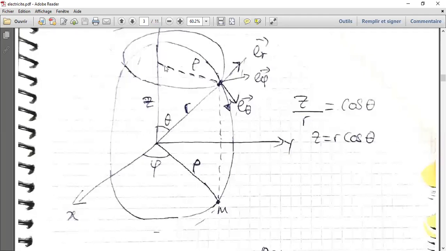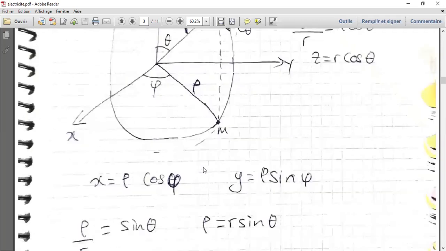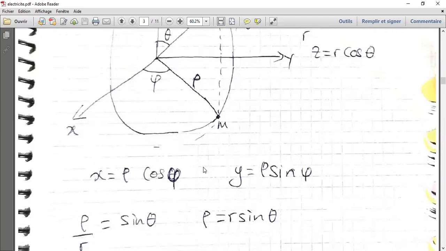My drawing is not to scale, but if it were, this line must be the same as this line, the OM. So you see that this line here is the same as this line.